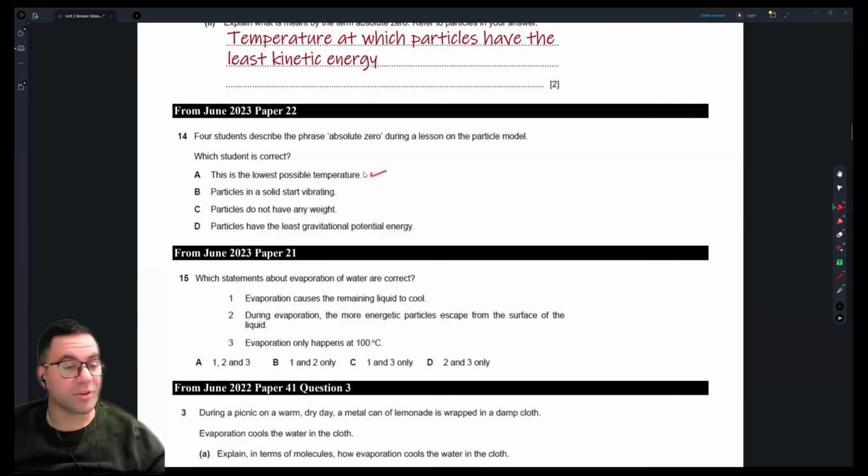On the contrary, technically, this should be the temperature at which they stop moving. Particles do not have weight. Absolutely no significance to our discussion. Particles have the least gravitational potential energy. Come on. Least kinetic energy would be fine. Okay, good. Nice.